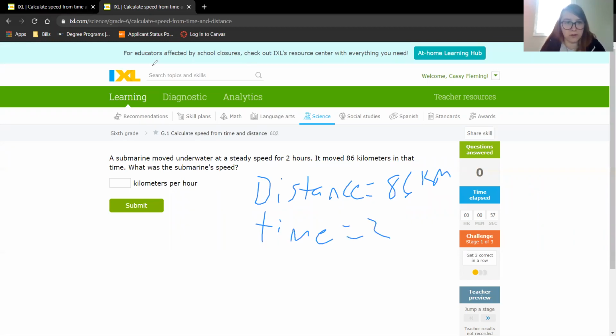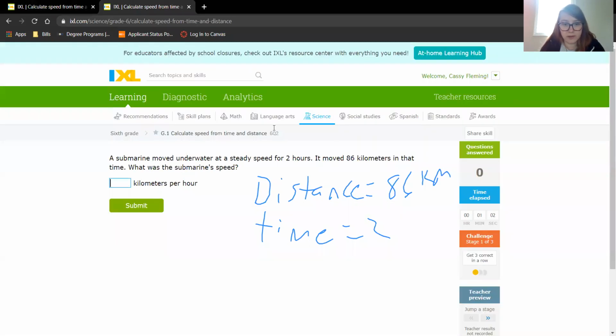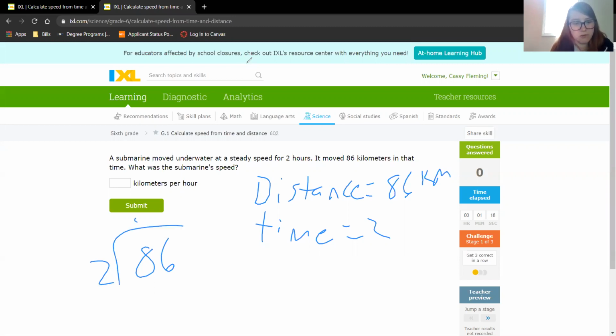And then we know we just have to divide distance by time. So 86 divided by 2. 2 goes into 8 4 times, nothing left over. 2 goes into 6 3 times with nothing left over.